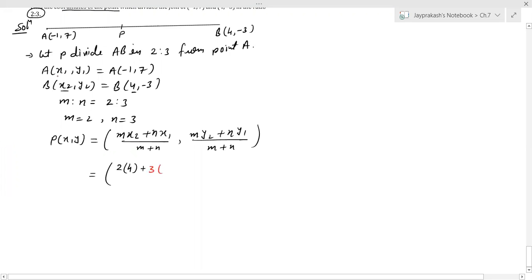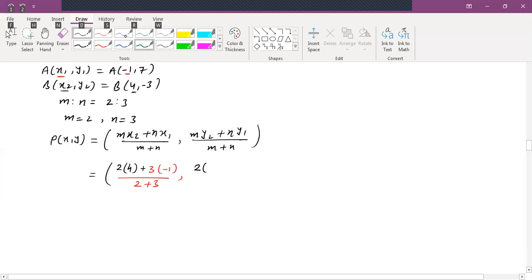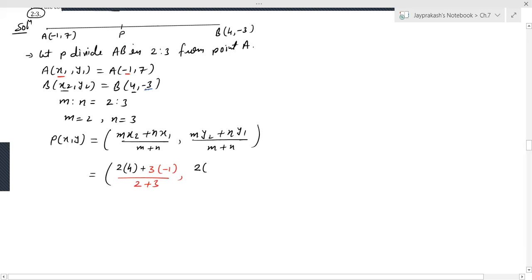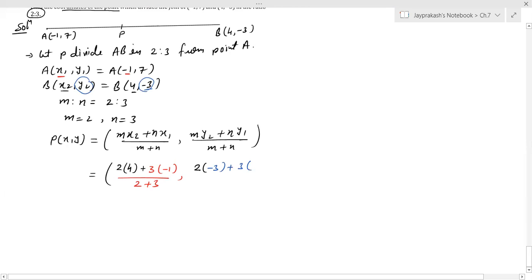Then x1 we have considered as -1, upon m plus n, so 2 plus 3. On this side, m y2, so we are considering y2 as -3, plus 3 y1.